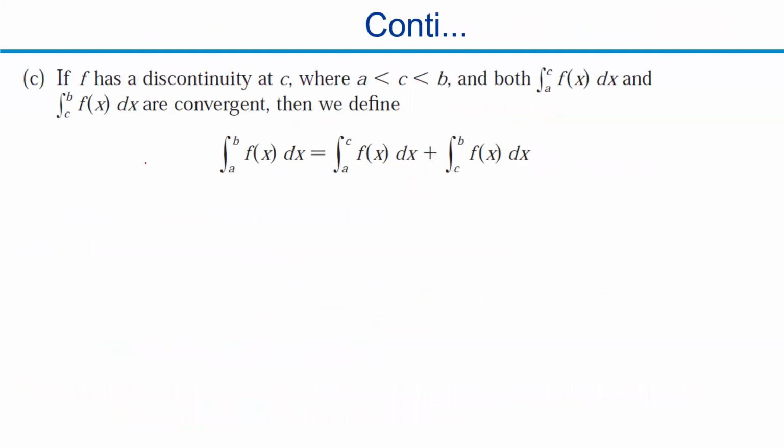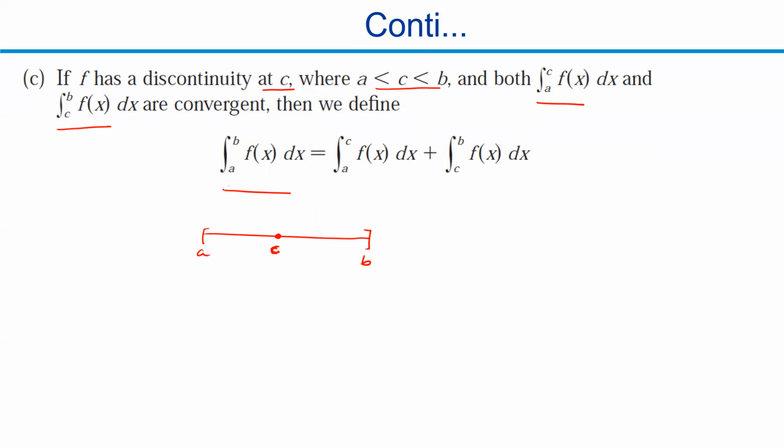Maybe you can face that f is discontinuous at a certain point c, where c is between the interval a and b. And if both the integration from a to c of f(x) dx and the integration from c to b of f(x) dx are convergent, then we define the integration from a to b of f(x) dx, where the discontinuity is somewhere in the middle. Suppose this is a and this one is b, but the integrand function could be discontinuous at a certain point c, which is between a and b.